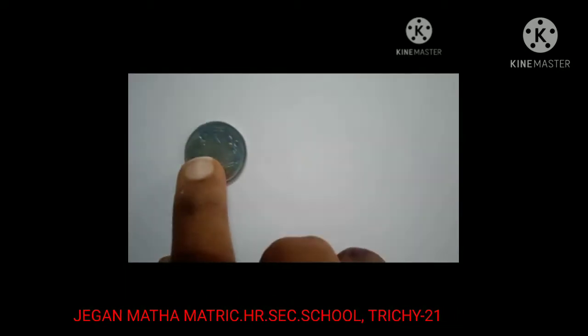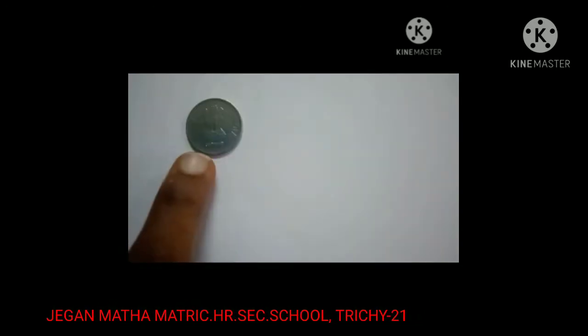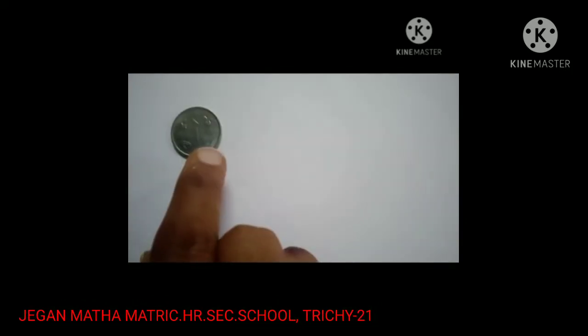Now listen here. This is a 1 rupee coin. A coin has two faces, head and tail. The value of a coin is written only on one of its sides.